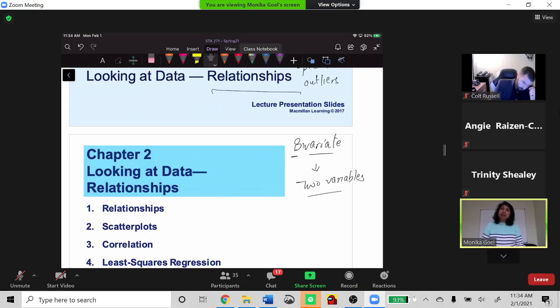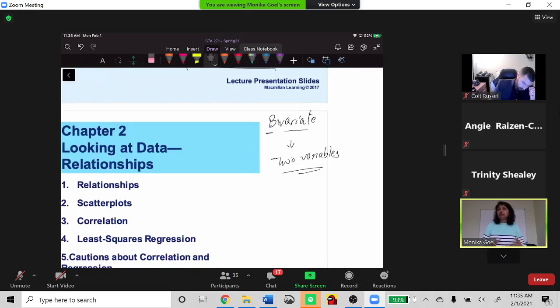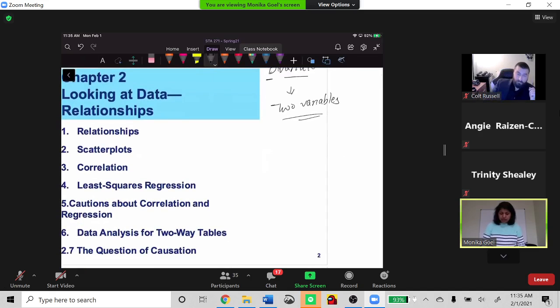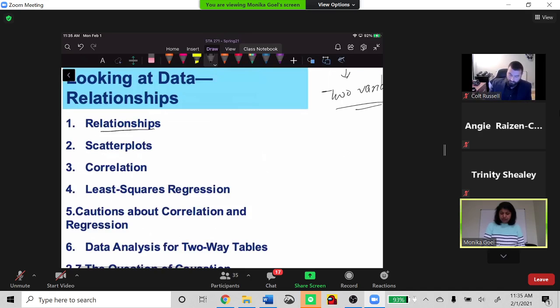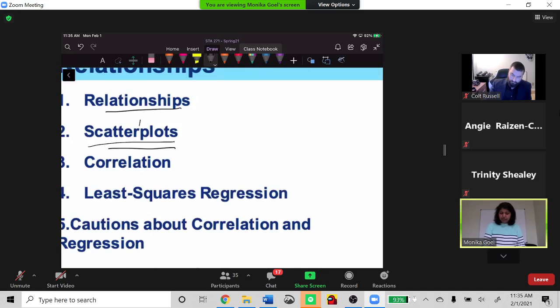When we work with a bivariate data set, we use a scatter plot to see if there is a relationship between those variables. You can say that a scatter plot is the first way to work with a bivariate data set. So when we look at a relationship, the first thing we do is make a scatter plot. What are scatter plots? The word makes sense: we are making a plot in which the points are scattered around. Let's say this is my x and y.